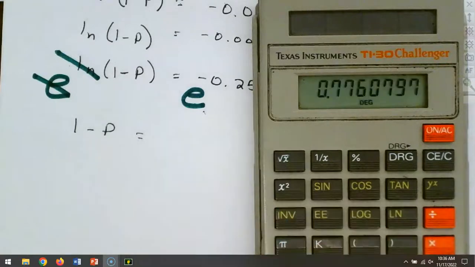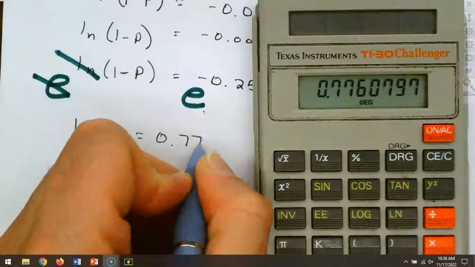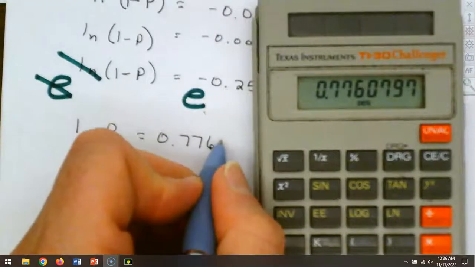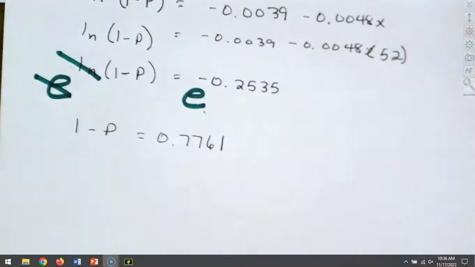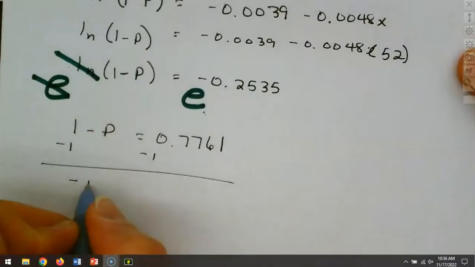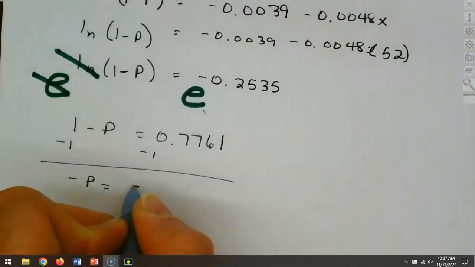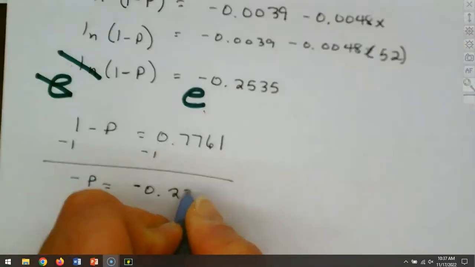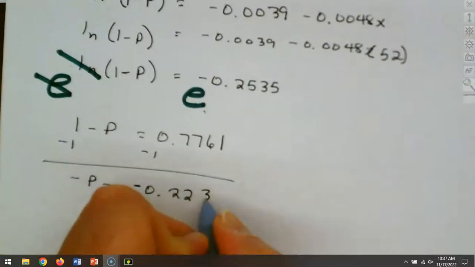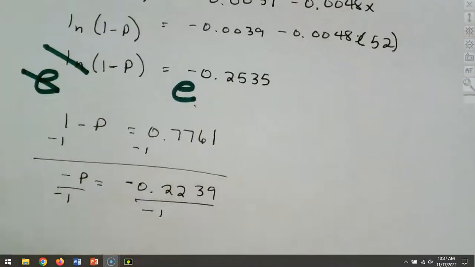Inverse ln. That comes out to be 0.776 if we round. You almost have it. Move that 1 over. So minus p equals, subtract 1 from that, negative 0.2239. We divide that by negative 1, and now we've got our value of p.